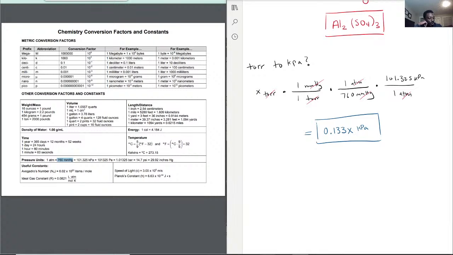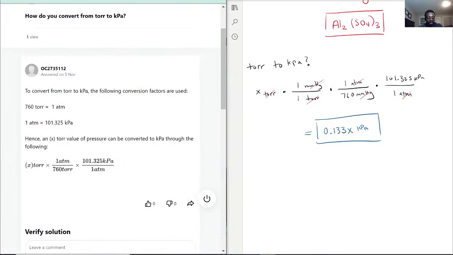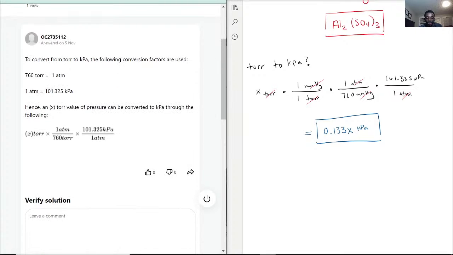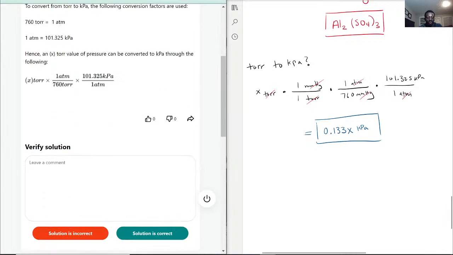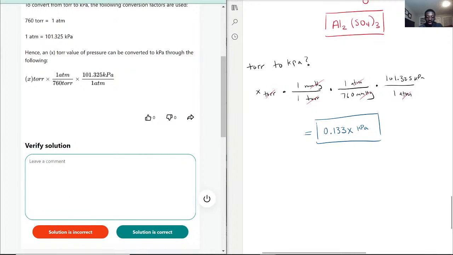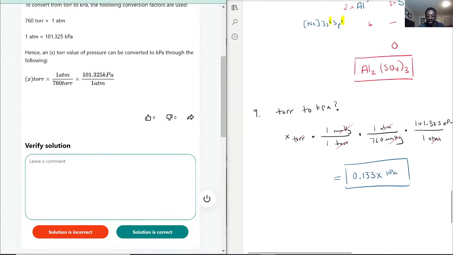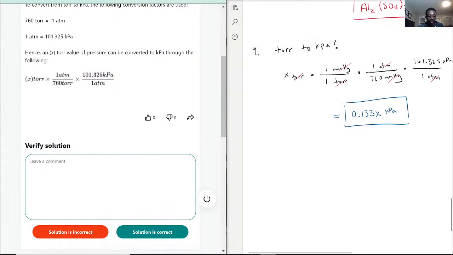If you multiply that by 0.133, you'd have 133 kilopascals. And now let's see, based on this answer, X divided by 760 times 101.325, and exactly, you do get that 0.133. You can check it on your calculator just to make sure. But that would be how you solve this question here.